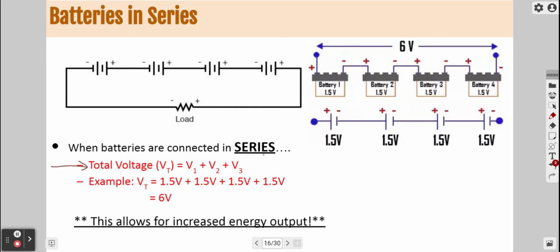If you have 4 batteries, let's say there's a 4th here, the total voltage is the voltage of battery 1, battery 2, battery 3, and battery 4 added up. Here's the example: we're literally adding up 1.5, 1.5, 1.5, 1.5 volts, and we get 6 volts. So when batteries are in series, you just add up all the voltages.